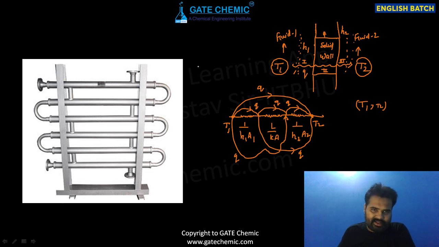Just see this heat exchanger beta. Here, I am going to give one fluid on this side, the inner tube side fluid. This is the flow pattern of the inner tube side fluid.